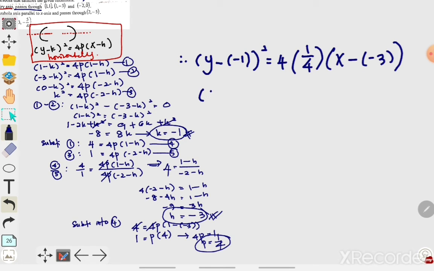Then we have y plus 1 squared equals 4 times 1 over 4, which is 1, times x plus 3. Done. So this is the equation for 21A.